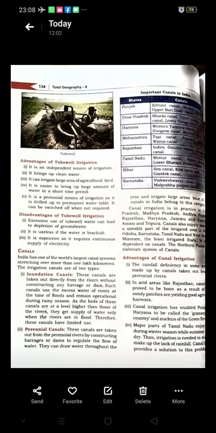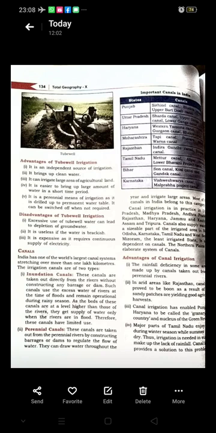Apart from that, the ones which are mentioned are that excessive use can lead to depletion, it is useless if water is brackish, and it is expensive. So all these 3 points are there. That is tube well irrigation.